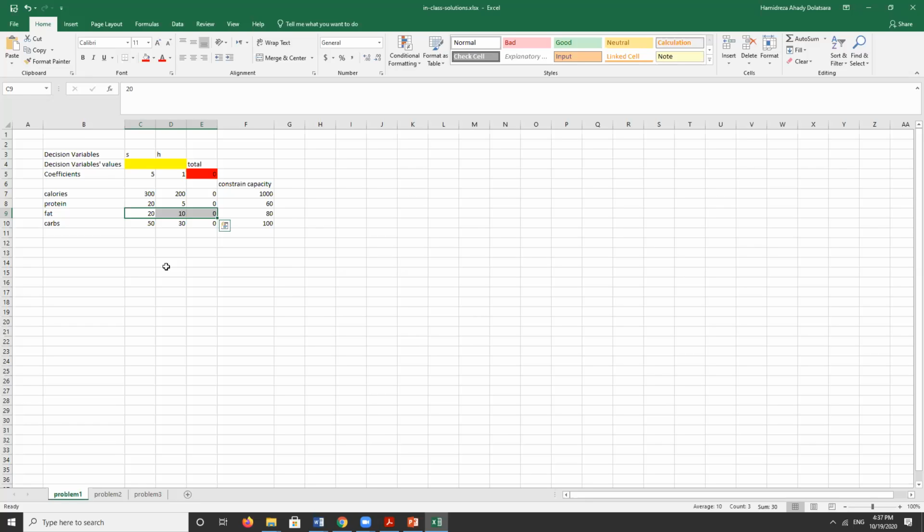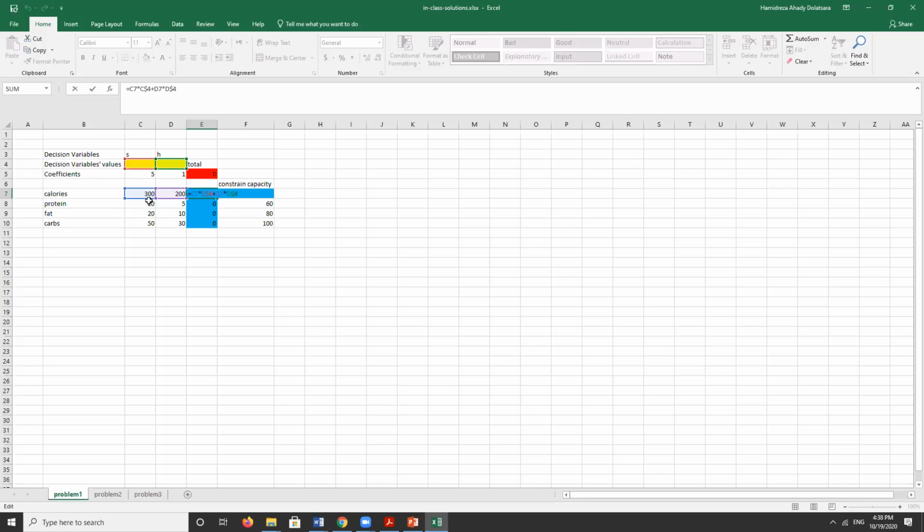Anyway, for letting Solver find it and check the constraints for us, similar to my objective function in the red cell here, I make constraint cells in these blues. So, for example, the first one is the value of the decision variable times the calories coefficient, so how many calories each one of them makes.